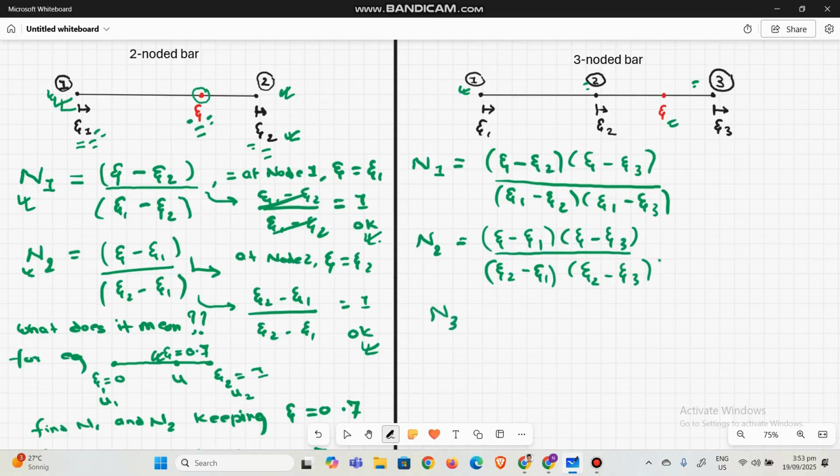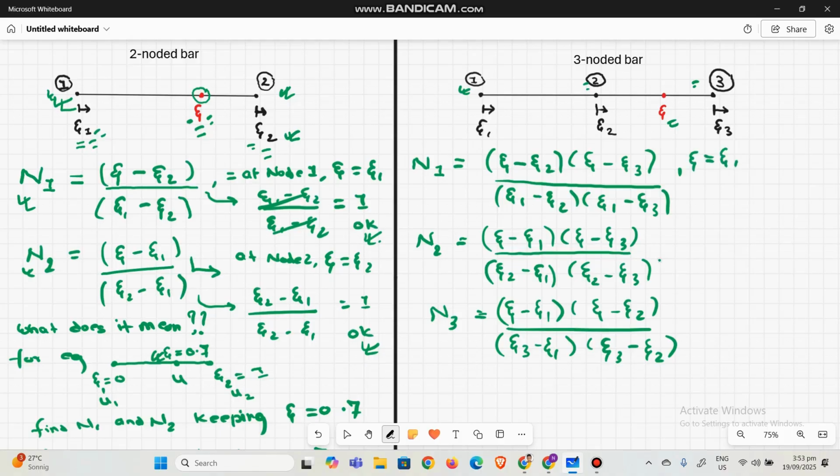Similarly, for n3, we do xi minus xi1, xi minus xi2, divided by xi3 minus xi1 and xi3 minus xi2. So just for checking, at node 1, the value of xi is xi1, right?